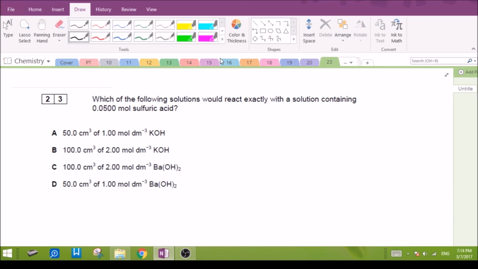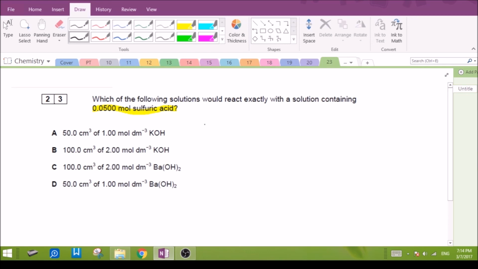Which of the following solutions will react with exactly 0.5 moles of sulfuric acid? All these solutions in the options are alkaline, so it's an acid-alkali reaction. So let's look at two possible scenarios: reacting with potassium hydroxide and reacting with barium hydroxide, because the ratio of the moles are different.